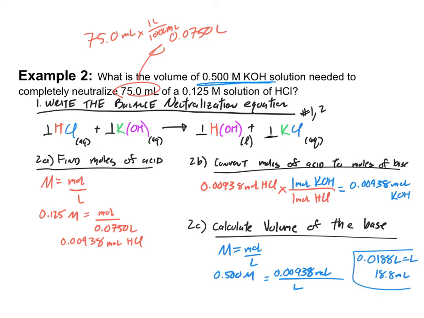Now, some of you may or may not have struggled a little bit with how to calculate the liters on the bottom here, and I'd like to show you really quickly, just so that you remember. If we take molarity and moles and liters, we put it into the old triangle of fun.